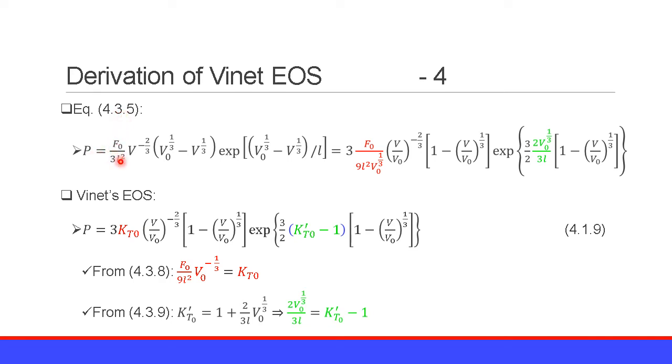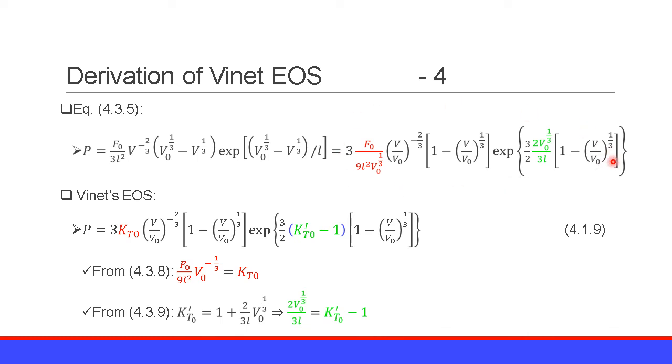P equals F0 over 3L squared times minus 2 over V to the power of 1/3 times 1 over V0 to the power of 1/3 minus 1 over V to the power of 1/3, times the exponential function of (1 over V0 to the power of 1/3 minus 1 over V to the power of 1/3) over L, written as 3 times F0 over 9L V0 to the power of 1/3, times minus 2 (V over V0) to the power of 1/3 times 1 minus (V over V0) to the power of 1/3, times the exponential function of 3 over 2 times 2 times 1 over V0 to the power of 1/3 over 3L times 1 minus (V over V0) to the power of 1/3.